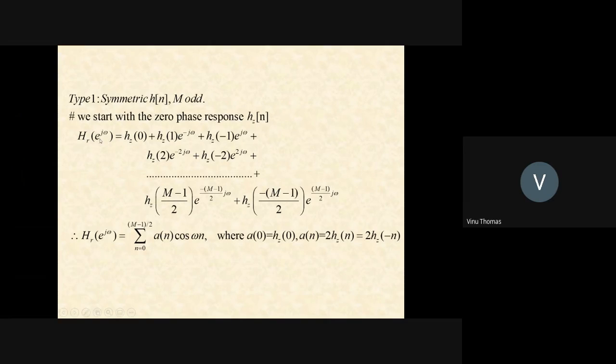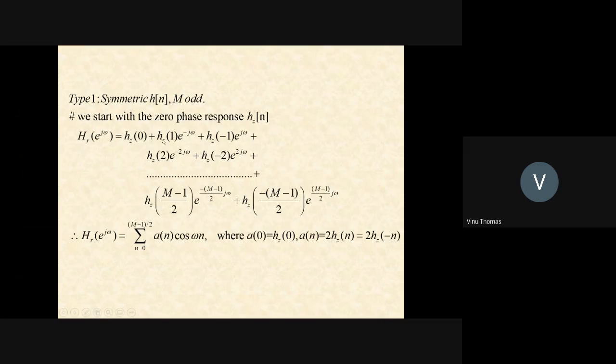And therefore, you can compute the zero phase response by using the DTFT equation as follows. That would be H0 of 0 into e raised to minus j omega 0, that would be H0 of 0, plus H0 of 1 into e raised to minus j omega, plus H0 of minus 1 into e raised to plus j omega, plus so on.